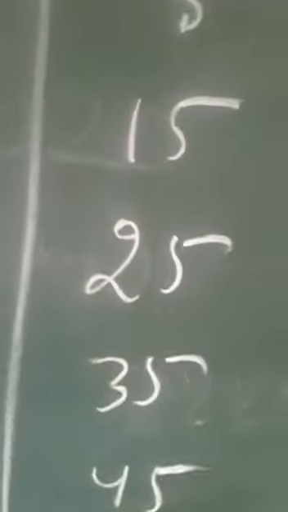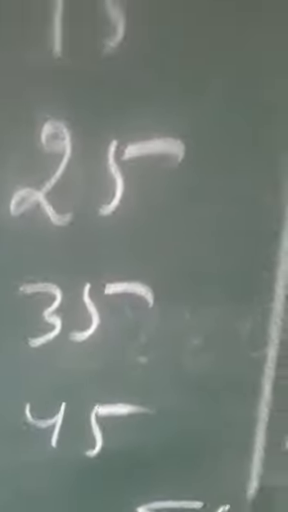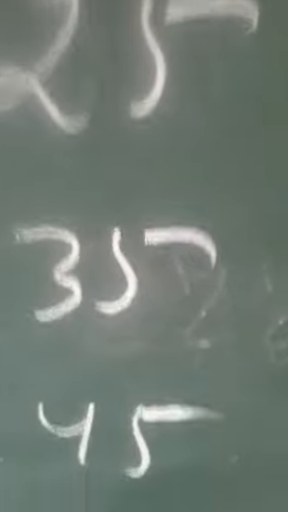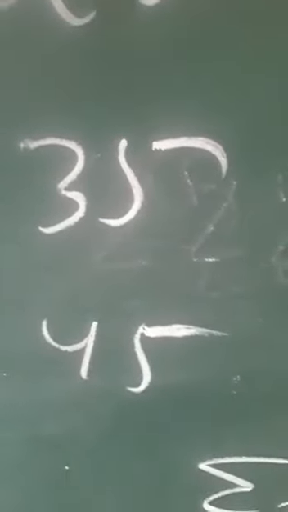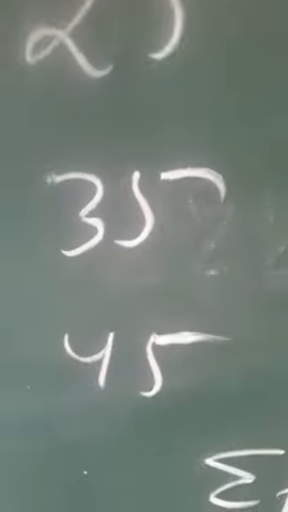We add these two and divide by 2 to get 25. For the 30 to 40 group, the xi value is 35. The last group is 40 to 50, and its corresponding xi is 45.